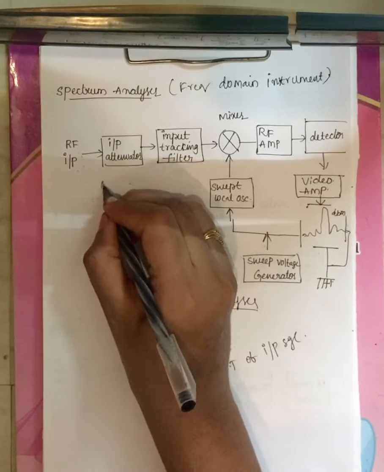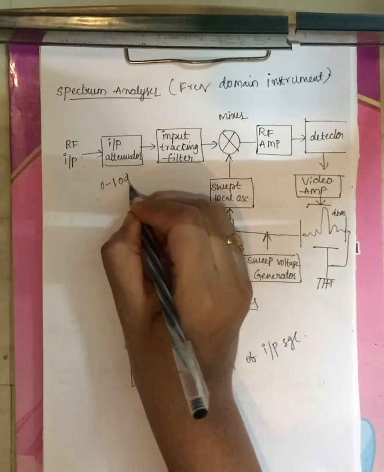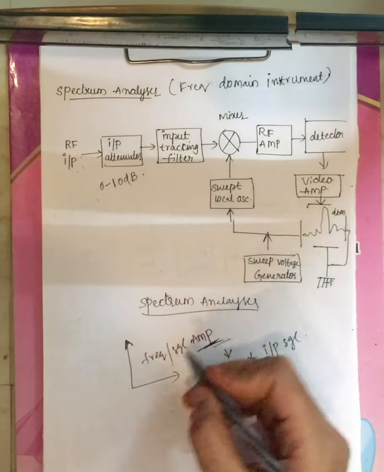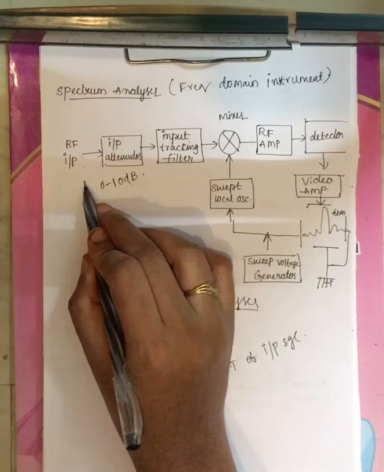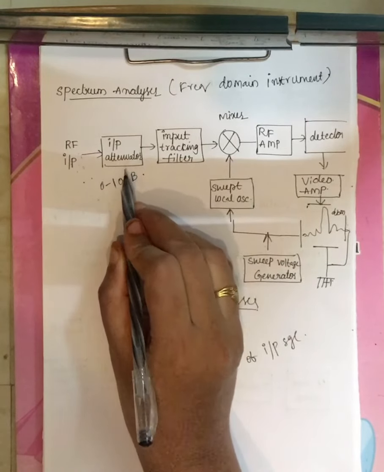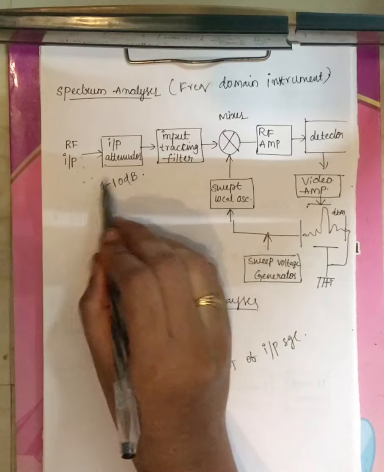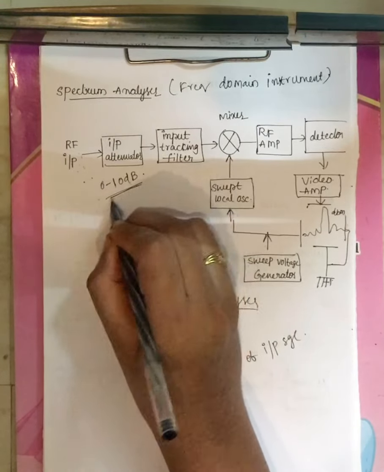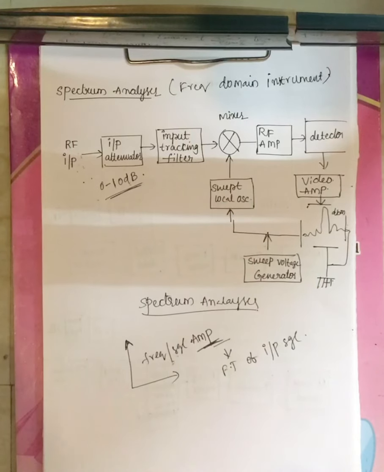Whatever the input for which we want the spectrum is given to the input attenuator, which limits the input signal power so as to keep it within the normal operating range of the instrument, normally 0 to 10 dB.